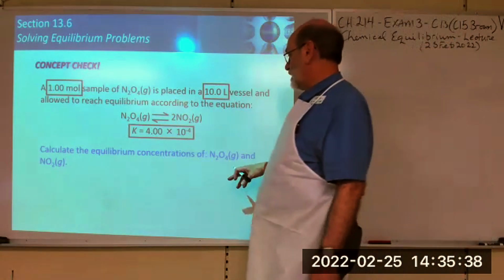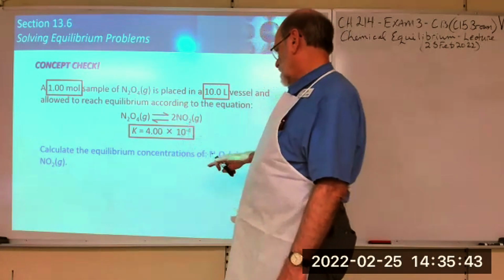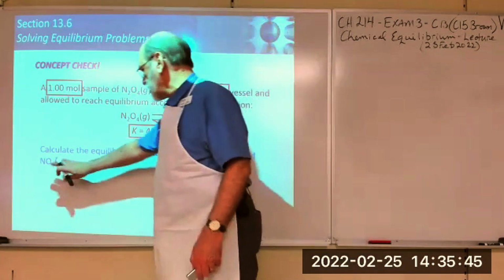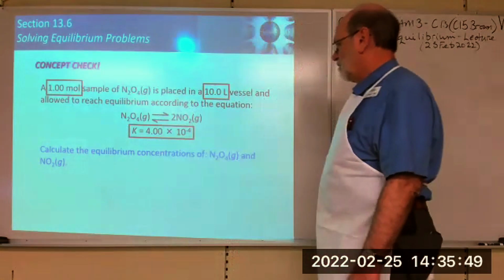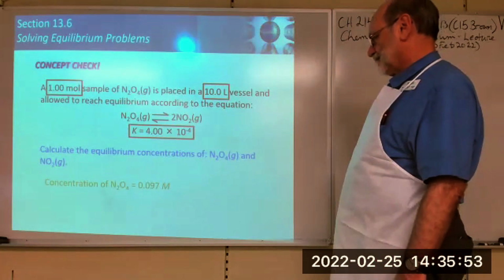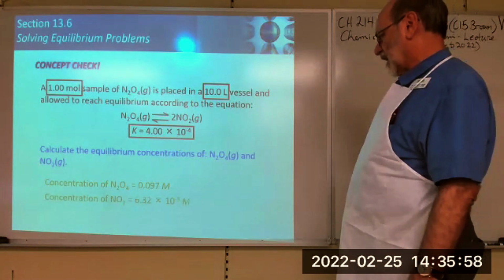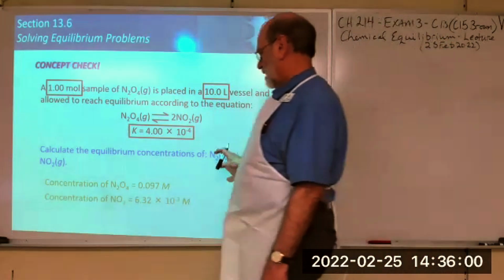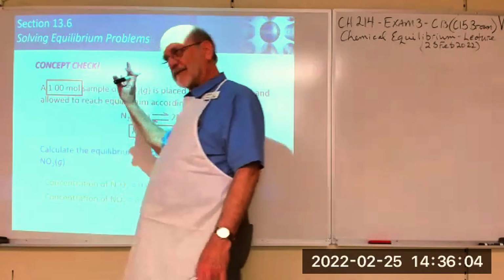And I would set my unknown as this one. And then you can calculate the concentration of this one, and that will be half of it. Well, no, it won't be half of it, excuse me. Half of it was subtracted from the beginning. That's what I mean.